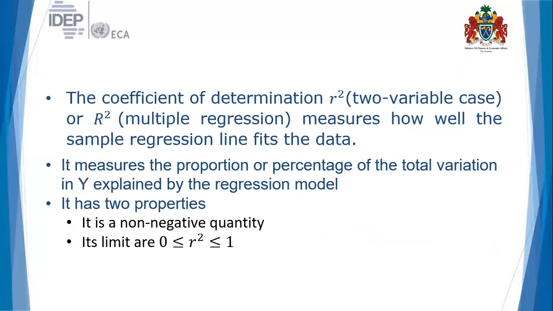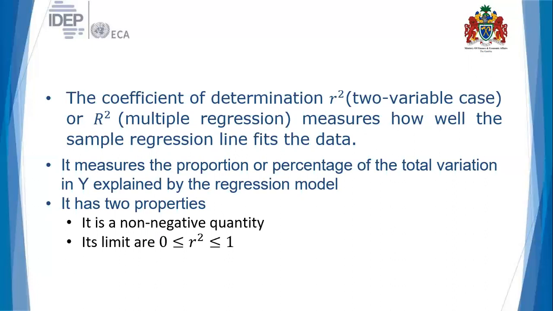So the coefficient of determination, r squared, that is small r squared, is used in simple regression analysis, in the case of two-variable regression analysis, or the capital R squared is used to represent the coefficient of determination in the multiple regression case.